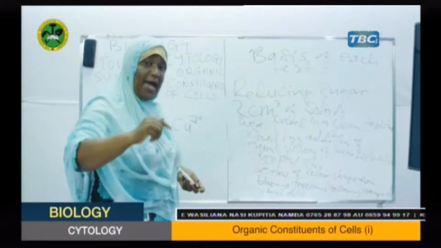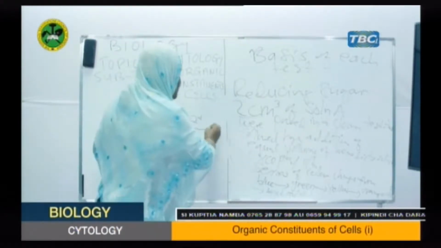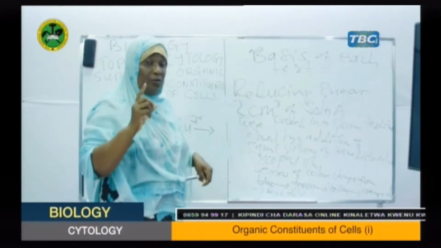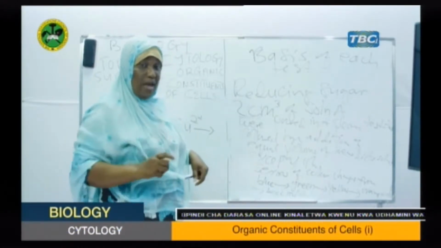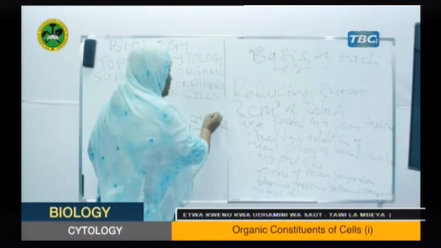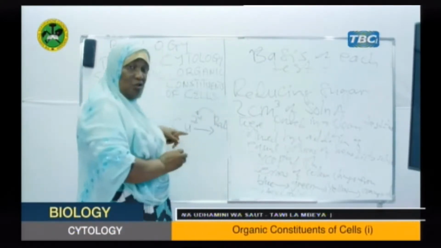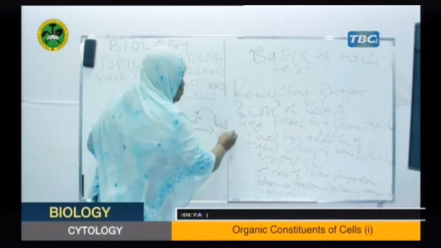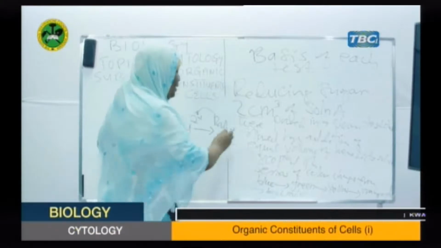Therefore, when you apply Benedict in your sample solution which contains reducing sugar, then reducing sugar reduces copper 2 ion into copper 1 ion.